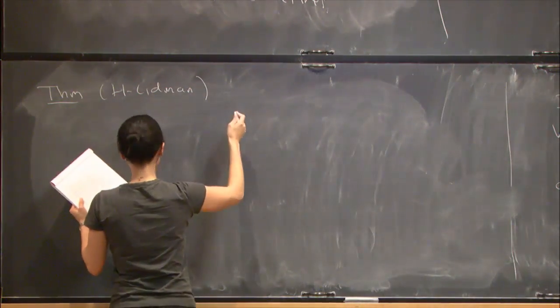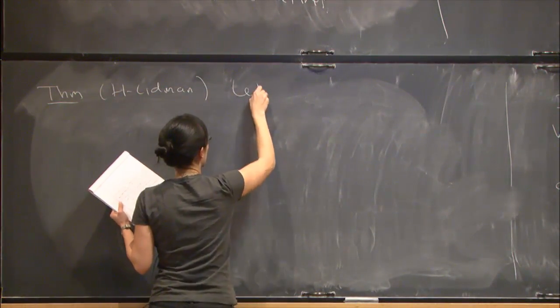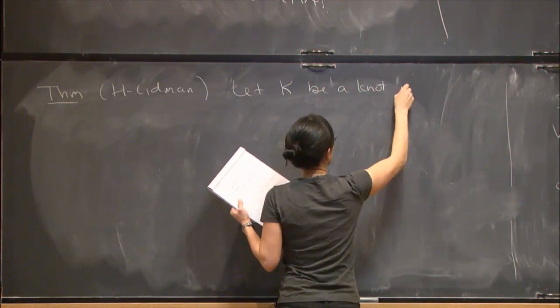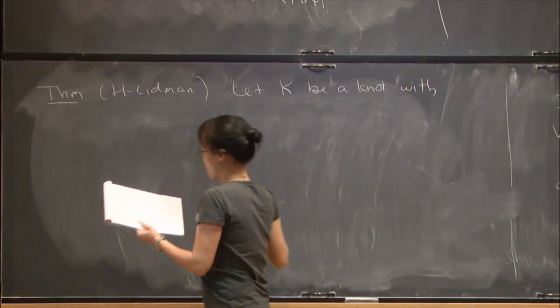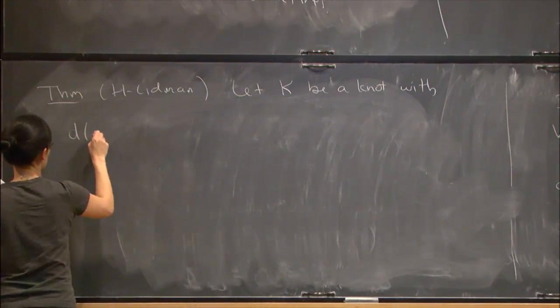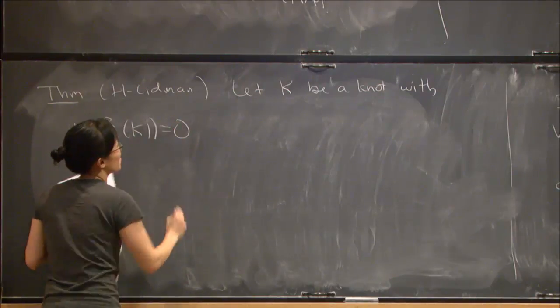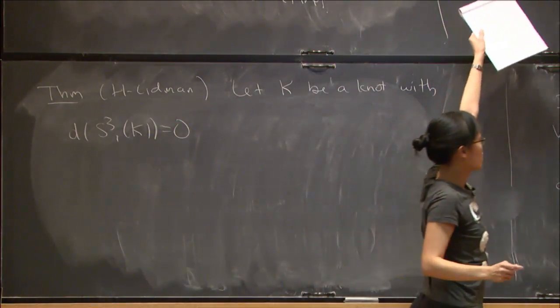All right. So let K be a knot with D of plus 1 surgery equal to 0. So, for example, any of those knots.